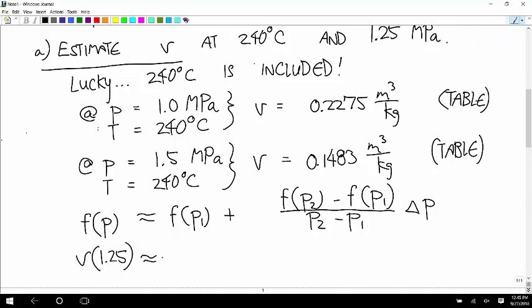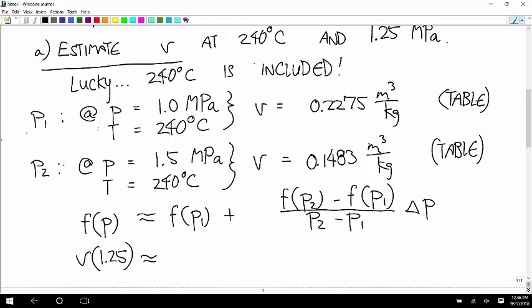So this approximation is going to be the specific volume at, we'll call this pressure 1 and this pressure 2.